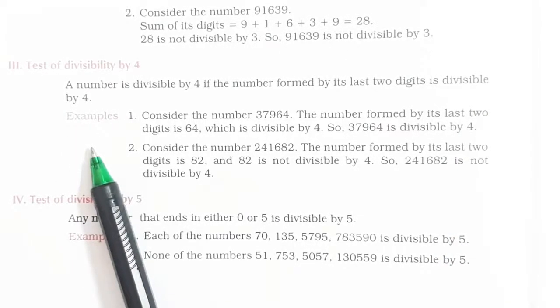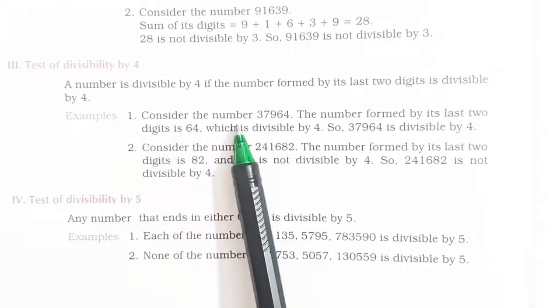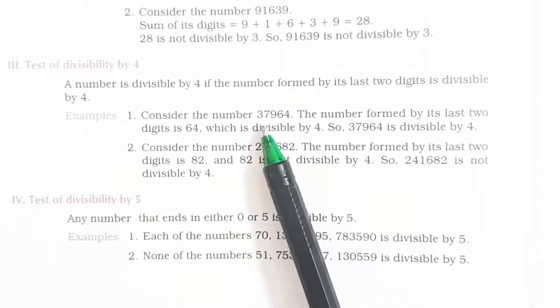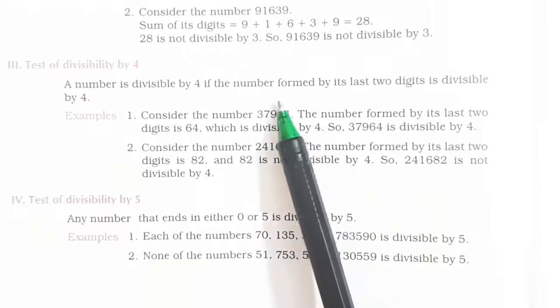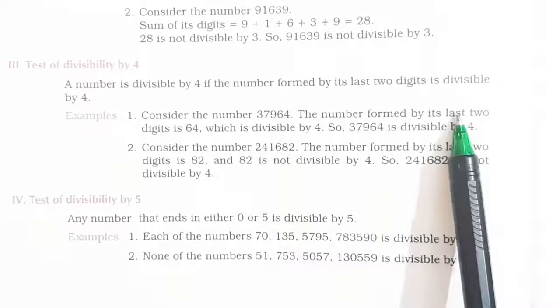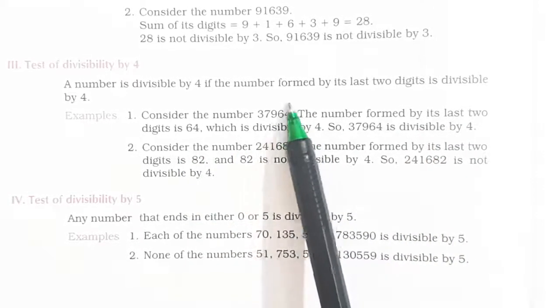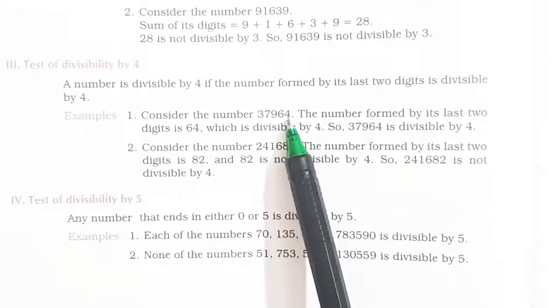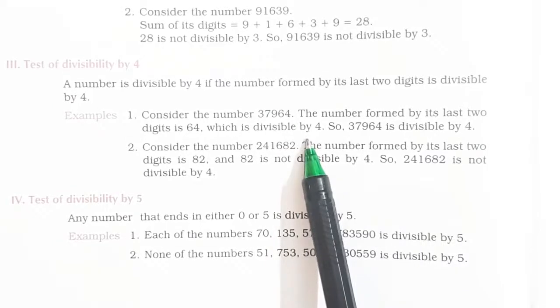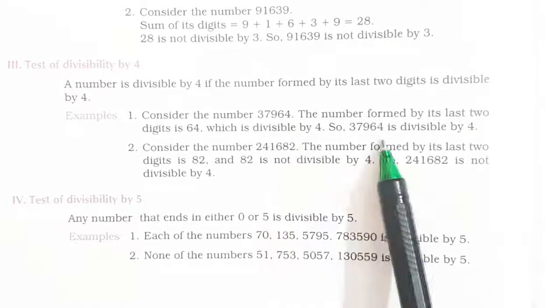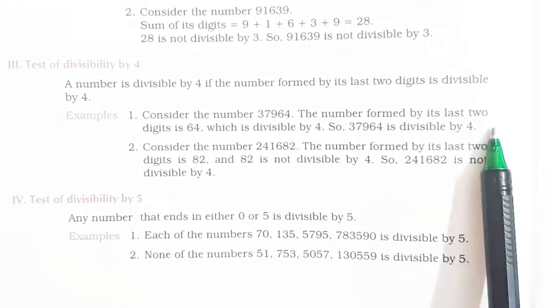For example, consider the number 37,964. Now here the last 2 digits is 64. Now students, we know that 64 is divisible by 4. So therefore the given number is also divisible by 4.